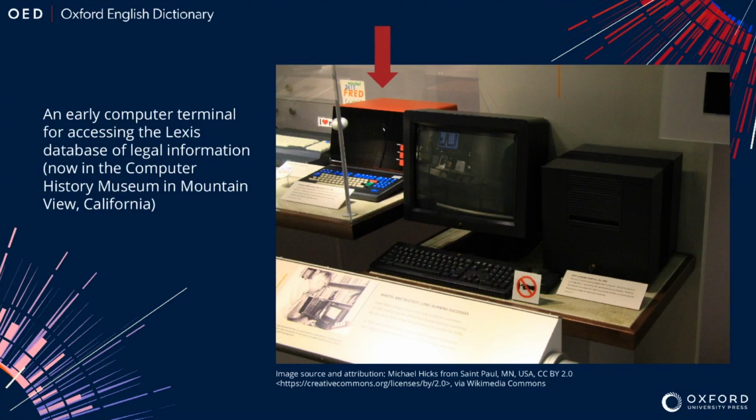But people were just beginning to use the phone network as a means of accessing databases remotely, using special terminals like this one that was designed for the Lexis database. Fred realized that although the database was designed as a tool for lawyers, you could also use it as a lexicographical tool by searching for early evidence for particular words.